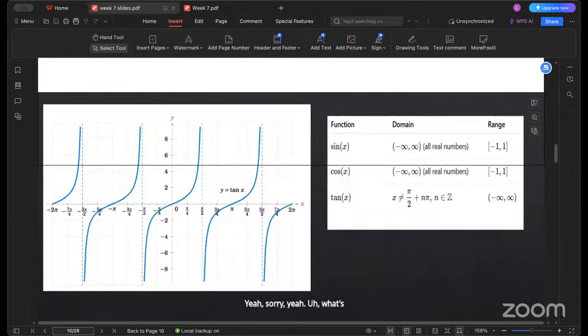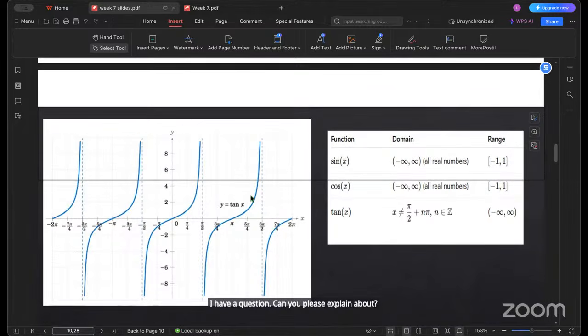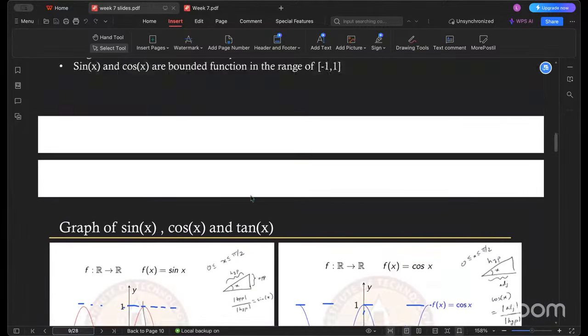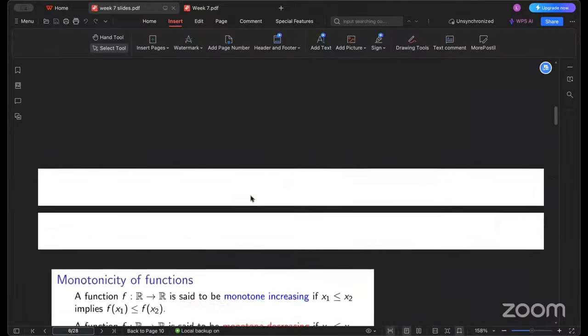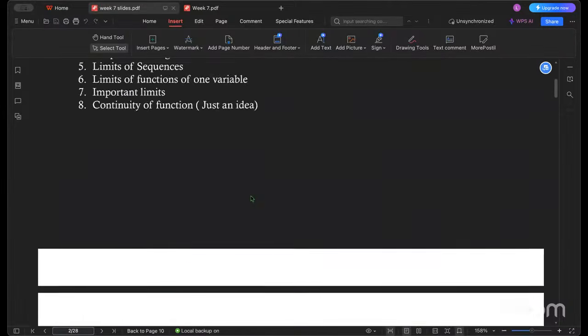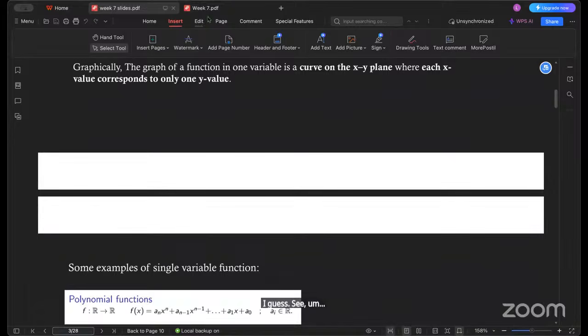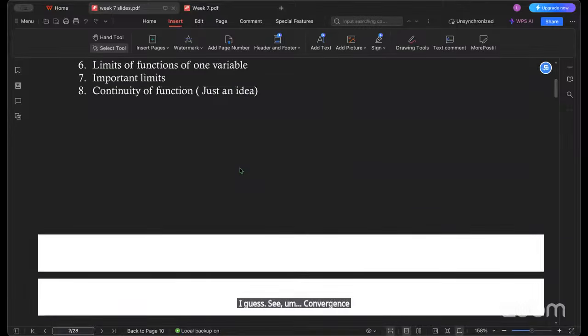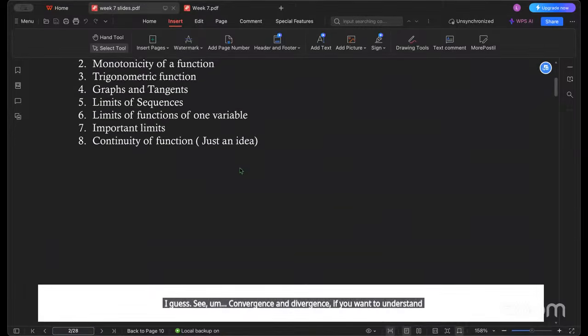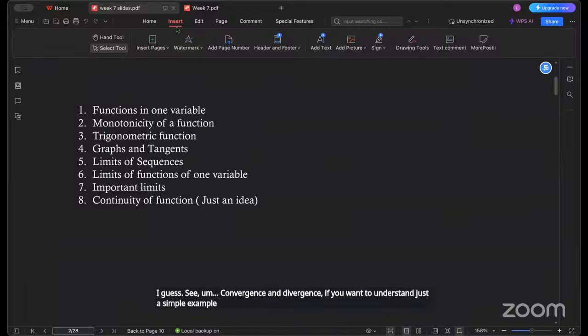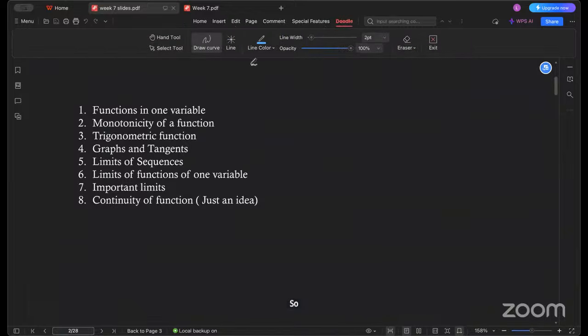I have a question. Can you please explain convergence and divergence? That's what I was explaining in the beginning, I guess. If you want to understand convergence and divergence, I will tell you a simple example.